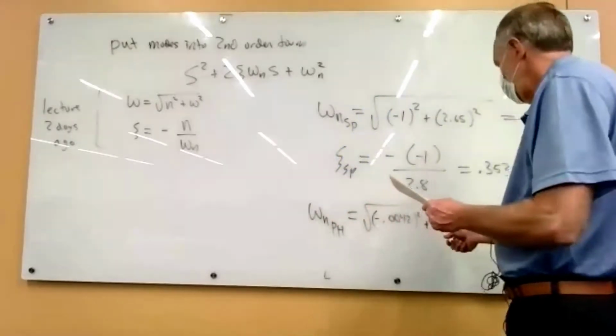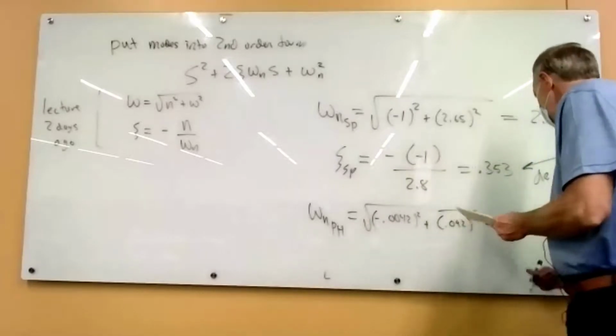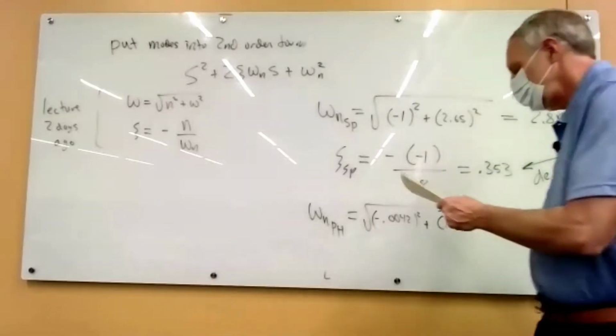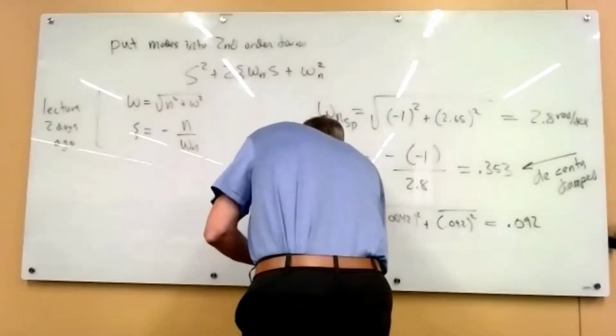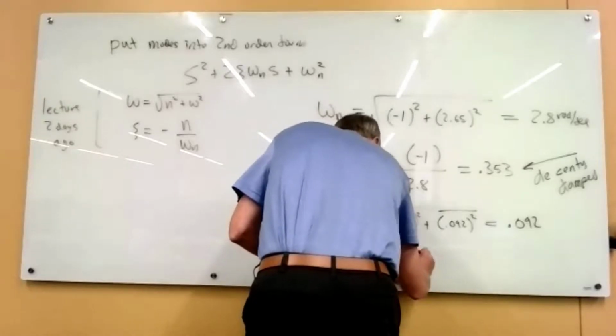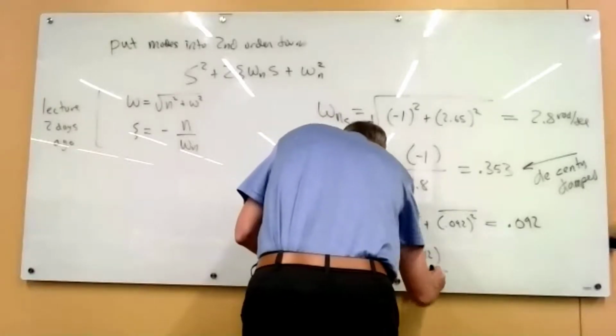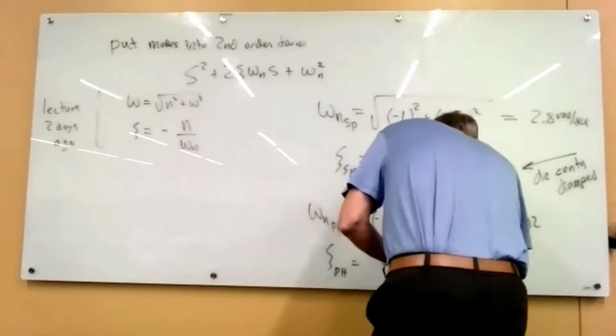Plug in the real part and the imaginary part, which is the frequency. The natural frequency is 0.092, which is the resonant frequency, if that means anything. And usually what we're most interested in is the damping ratio.